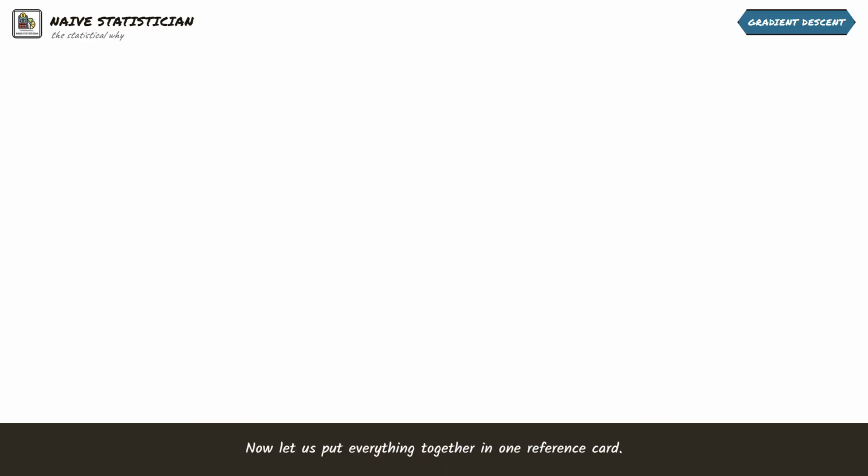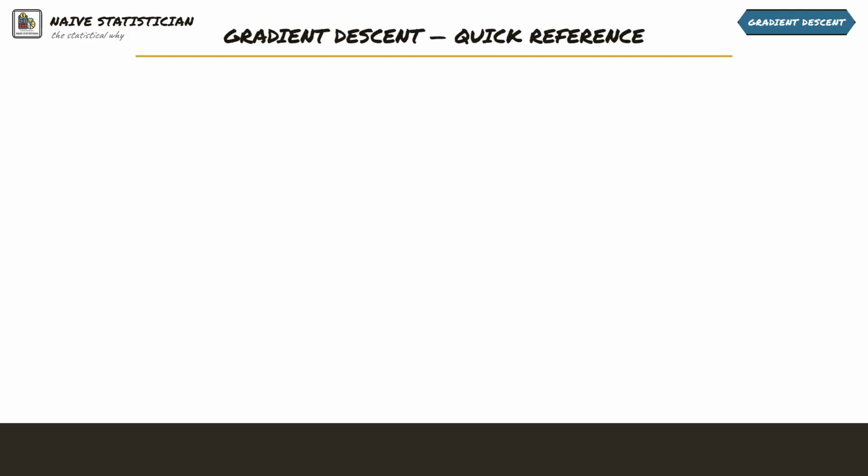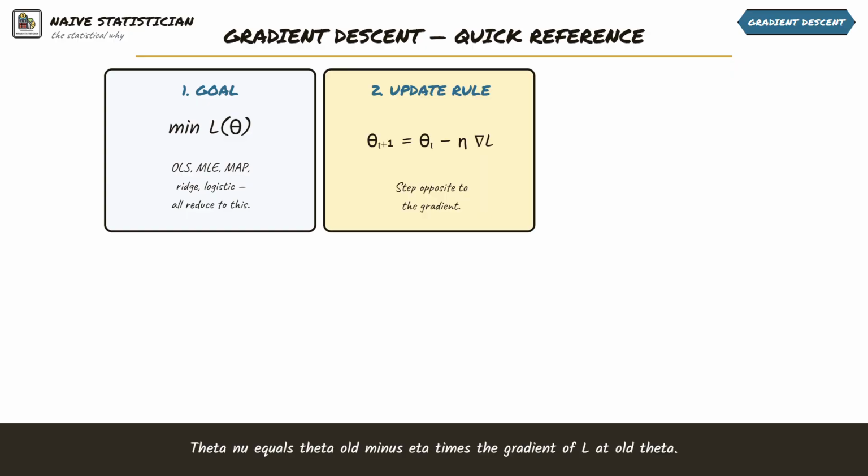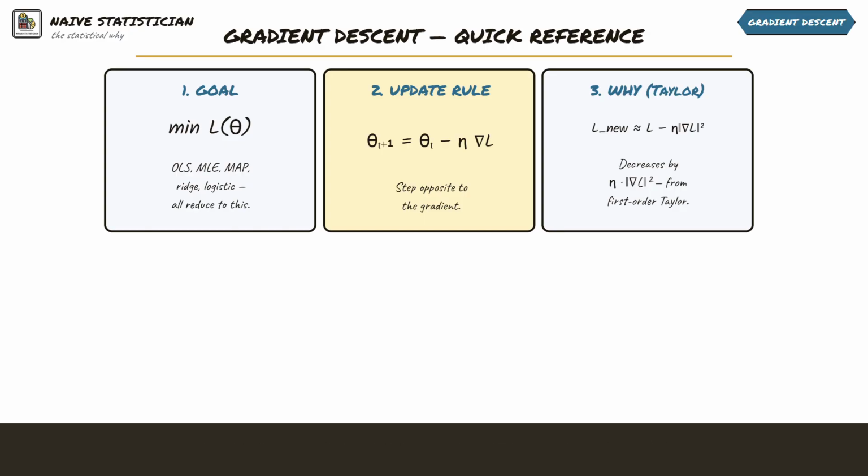Now let us put everything together in one reference card. 6 things to remember. Simple. 1. The goal. Find theta that minimizes L of theta. This is what every statistical estimator reduces to. 2. The update rule. Theta new equals theta old minus eta times the gradient of L at theta old. 3.